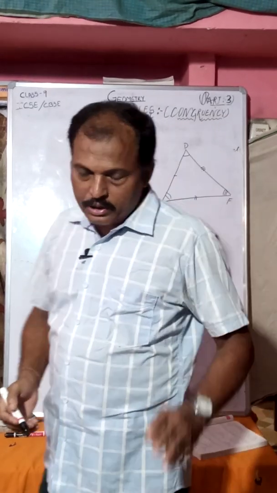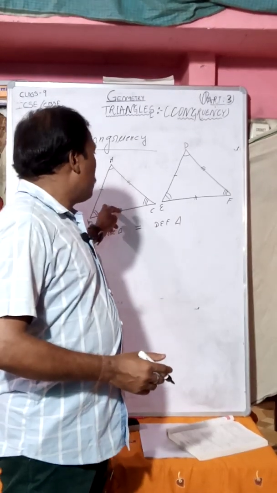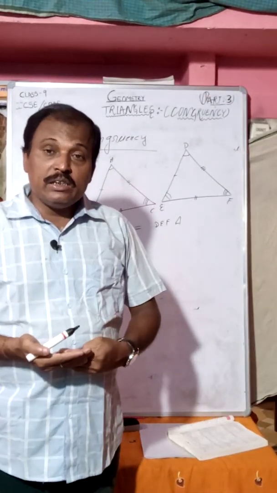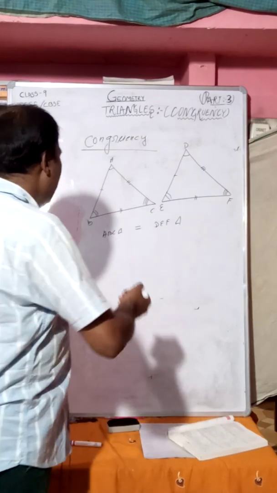Then we say the two triangles are congruent or equal.